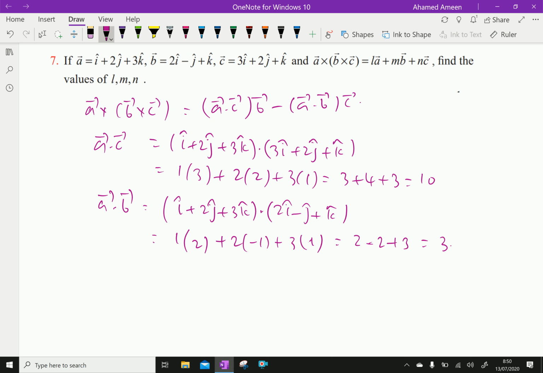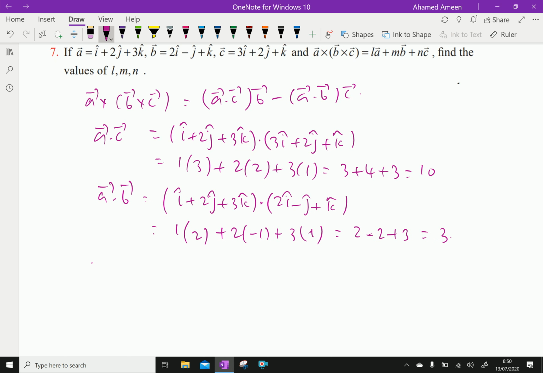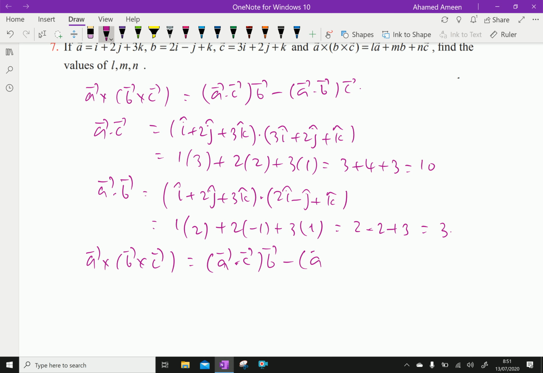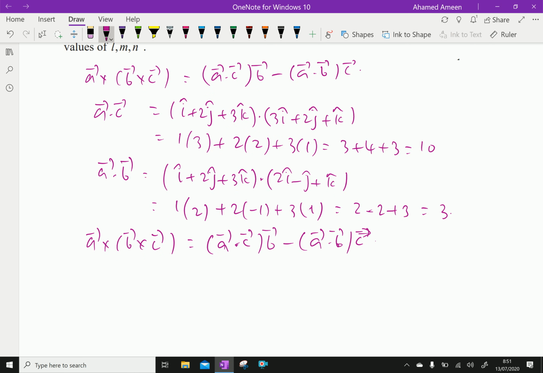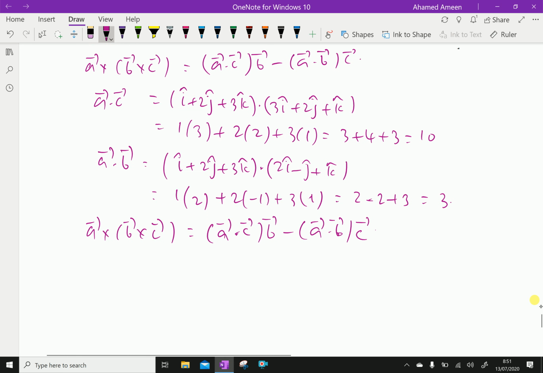Now we need to find A cross B cross C. We know that it equals A dot C times B minus A dot B times C. Now we'll apply the values.